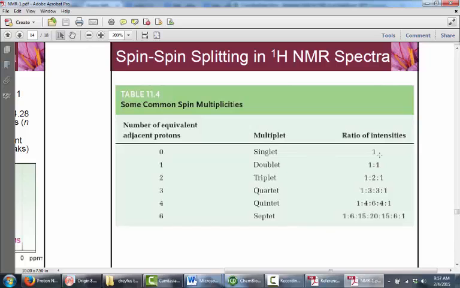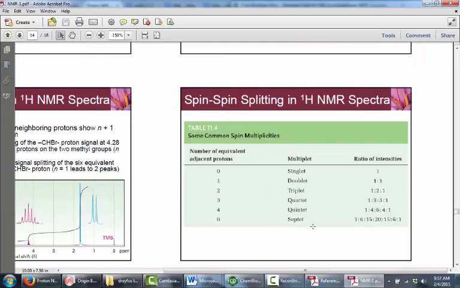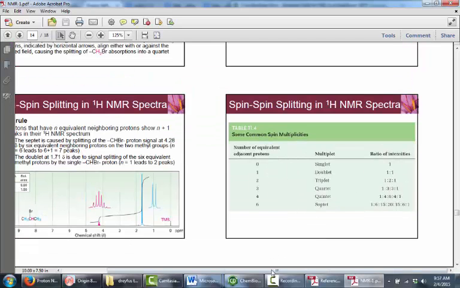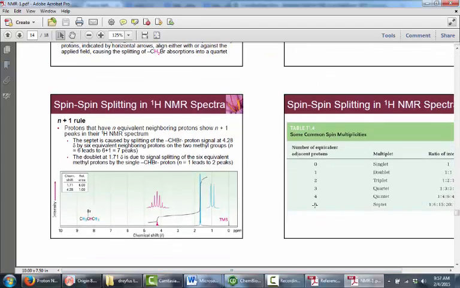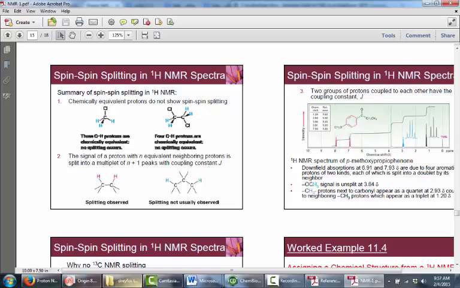So again, a singlet only has 1 peak. A doublet, the 2 peaks are of equal size. A triplet is a 1 to 2 to 1 intensity ratio. Quartet, which we saw with the bromoethane, is 1 to 3 to 3 to 1. You have a quintet and also a septet now with more complicated intensity ratios. But again, this is pretty useful information in terms of what we can get from the molecule.